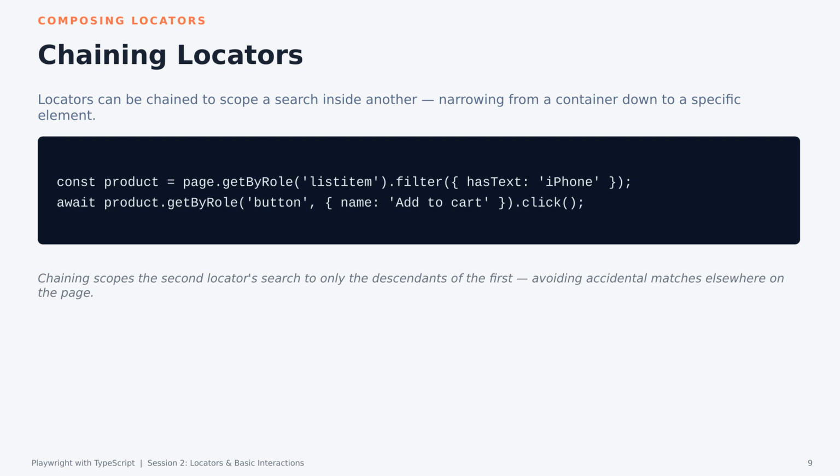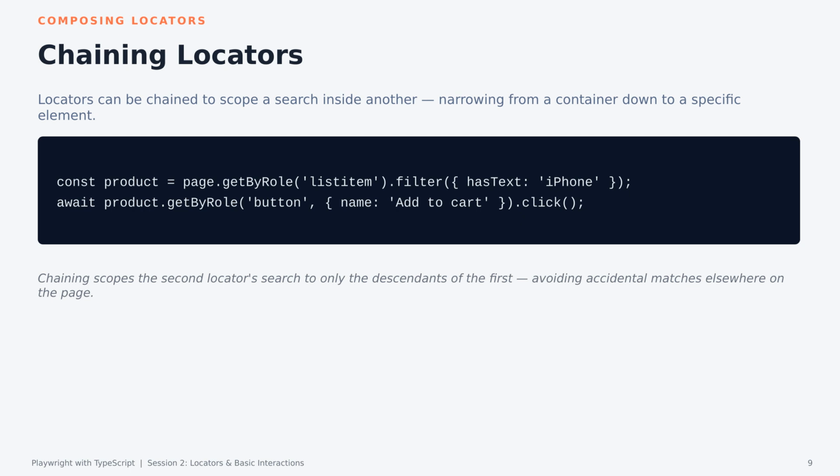Locators can be chained together to scope a search inside another locator, narrowing down from a container all the way to one specific element inside it. Here's an example. We create a variable called product, which is page.getByRole('listitem').filter with hasText iPhone. Then we say await product.getByRole('button', { name: 'add to cart' }).click().